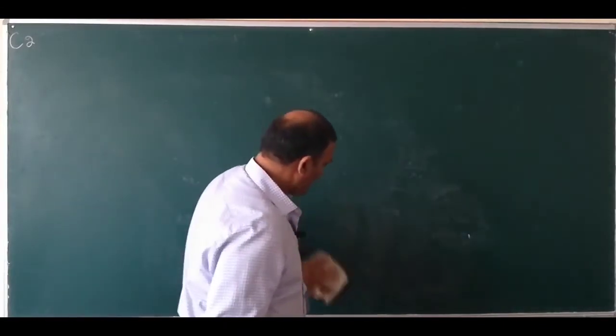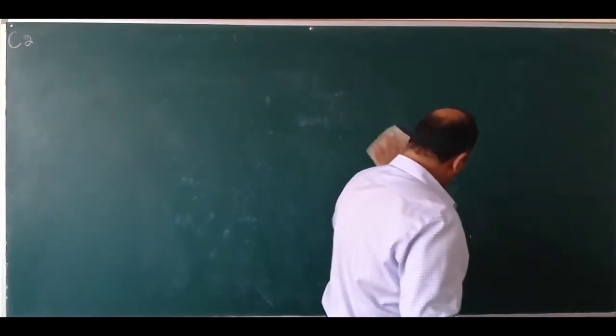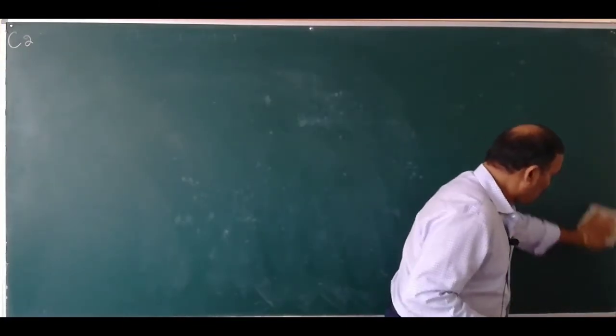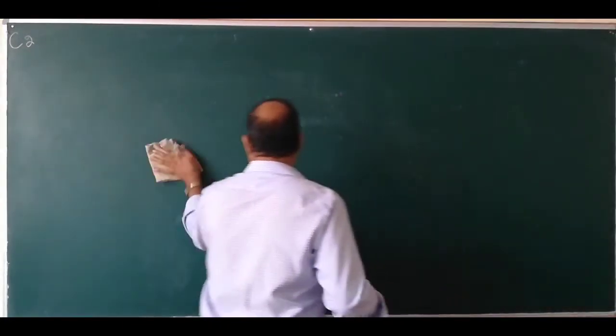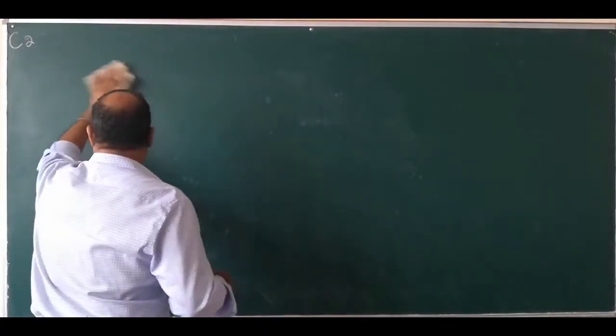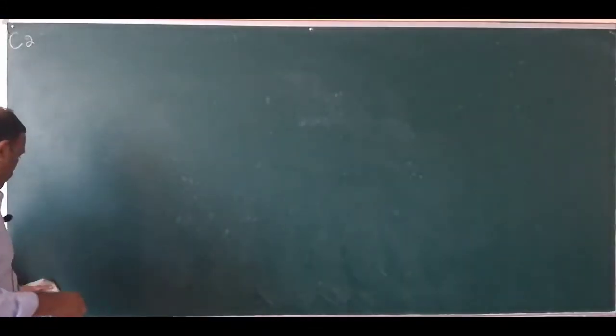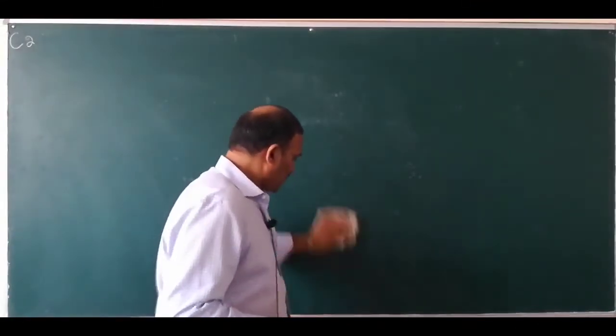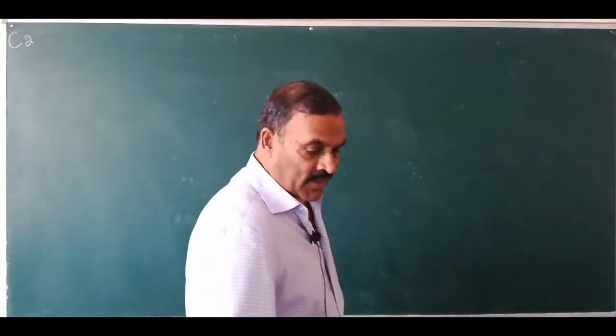To write the molecular formula of the compounds, we have to know the formula of cations and anions. Then I will tell you how to write the formula of compounds using the formula of cations and anions.